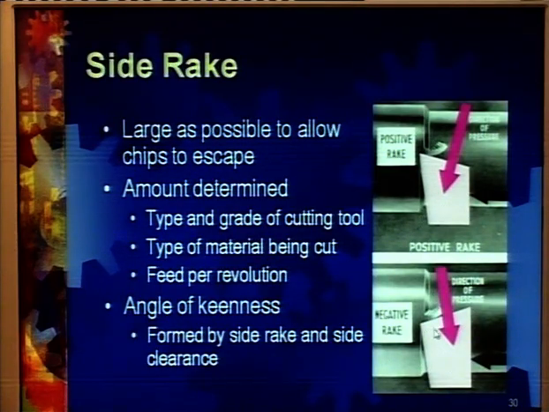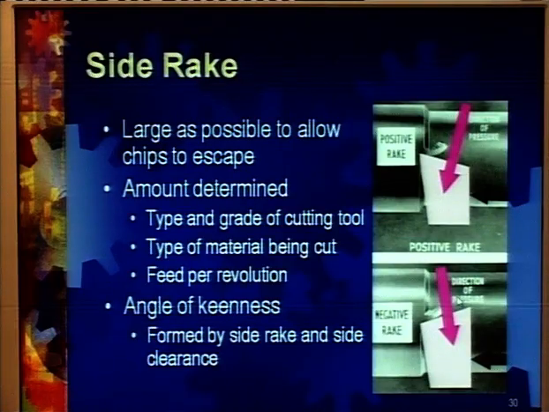A negative rake angle is normally given to tools which are not that tough, such as boron nitride or CBN tools, which have lesser toughness but sufficient hardness, so the cutting edge is fragile, and if we give it an angle like this, it may break off.